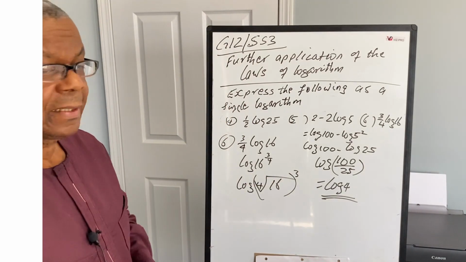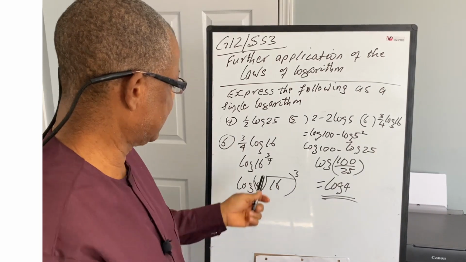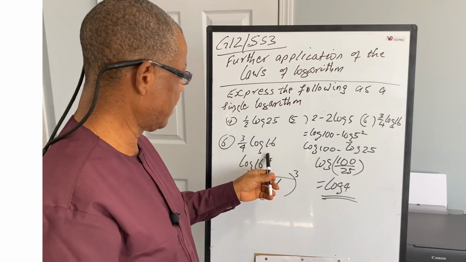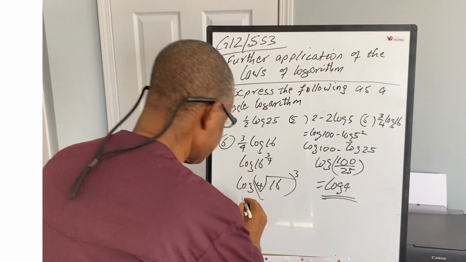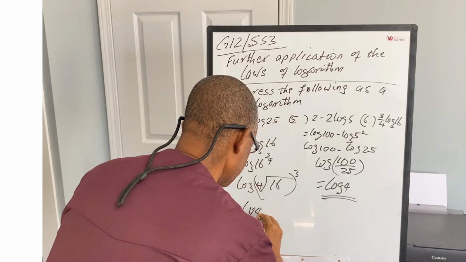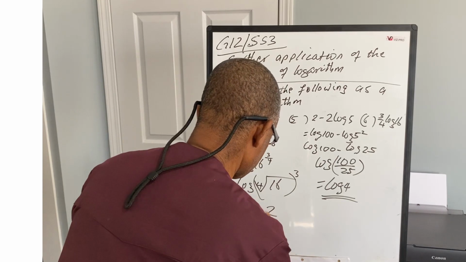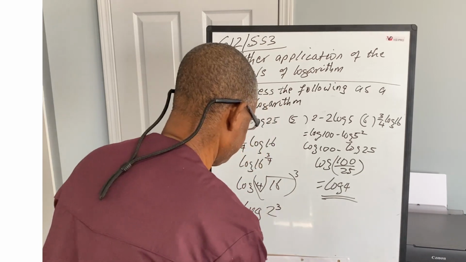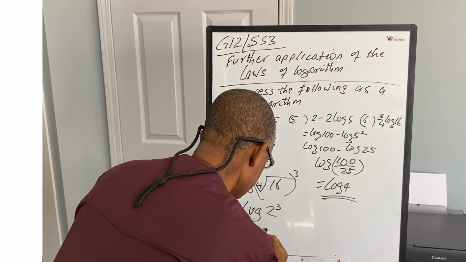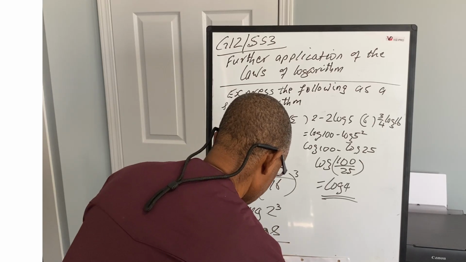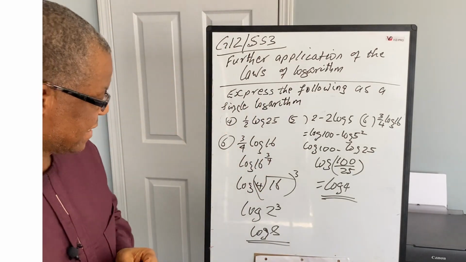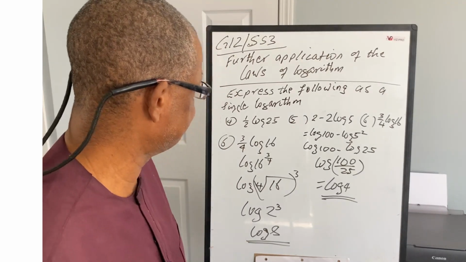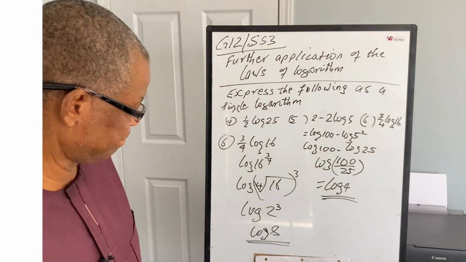Remember, I repeat, that indices tells us that when the power is in the fraction, the denominator becomes the root, while the numerator becomes the power. So what is the 4th root of 16? The 4th root of 16 is 2, because 2 raised to power 4 will give us 16. Then here is raised to power 3. And 2 raised to power 3 will give us 8. So we have log 8 as a single logarithm of 3 over 4 log 16. I do hope we are all following.